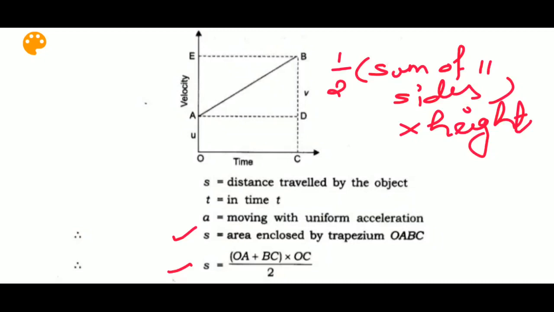As you can see from the figure, the two parallel sides of this trapezium OABC are OA and BC, and the height between these two parallel lines is OC. Therefore, on putting the values in this formula, we get distance travelled S is equal to the sum of parallel sides OA plus BC into height OC upon 2.